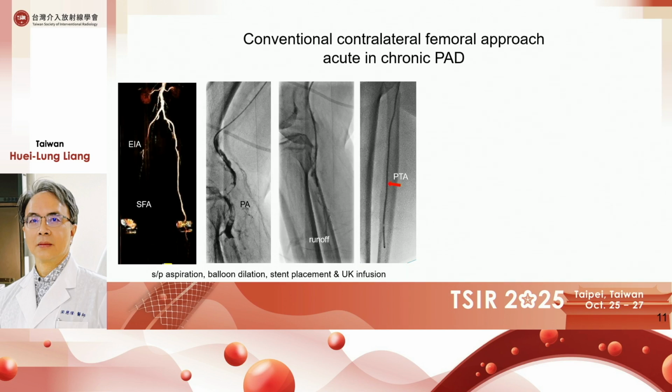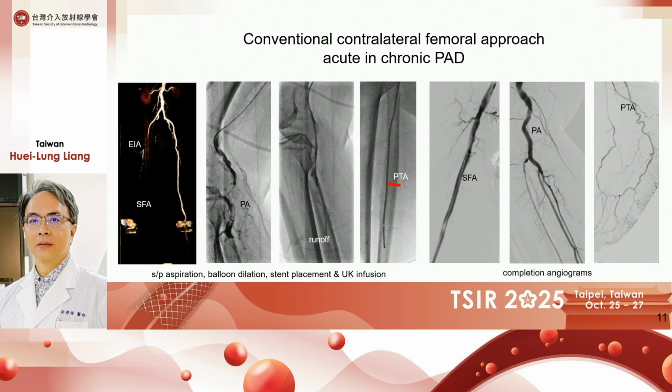This patient had very long segmental arterial occlusion, including the right external iliac artery, femoral popliteal artery, and the run-off vessels. The conventional standard contralateral femoral approach was adopted to treat all the right side lesions in one treatment session.